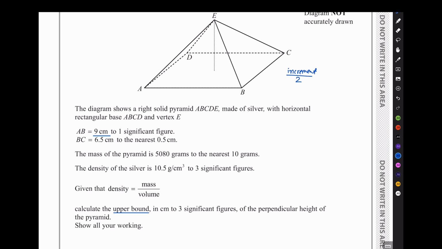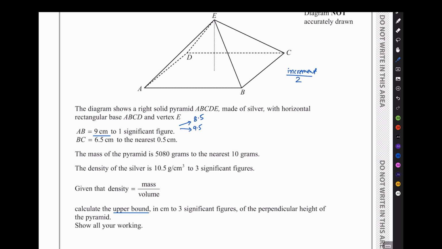So if the increment is 1, it's 1 by 2, which is 0.5. You subtract 0.5 from 9 to find the lower bound, and add 0.5 to find the upper bound. So 8.5 and 9.5 are the lower and upper bounds.